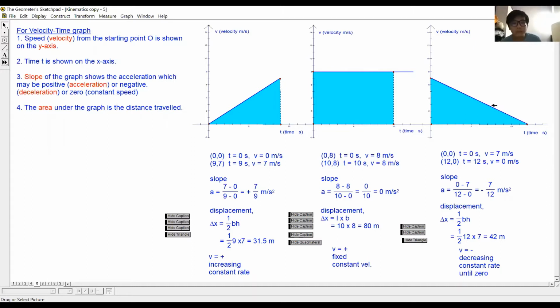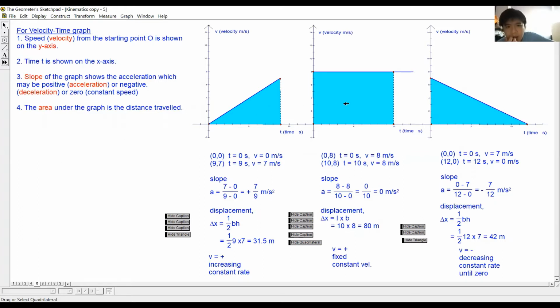If we look at it from the slope, the slope is positive, acceleration. The slope is zero, constant velocity. The slope is negative, deceleration. And we also know another thing, the area under the graph.